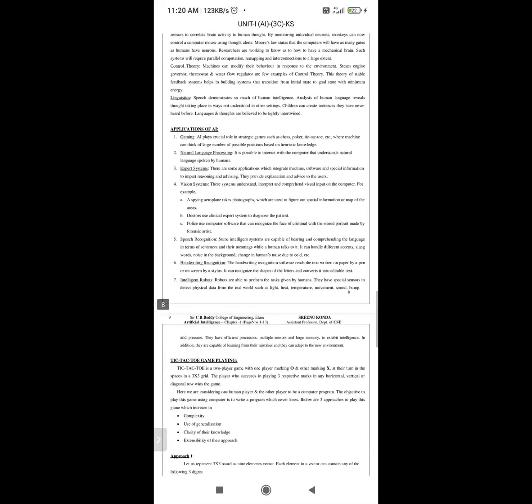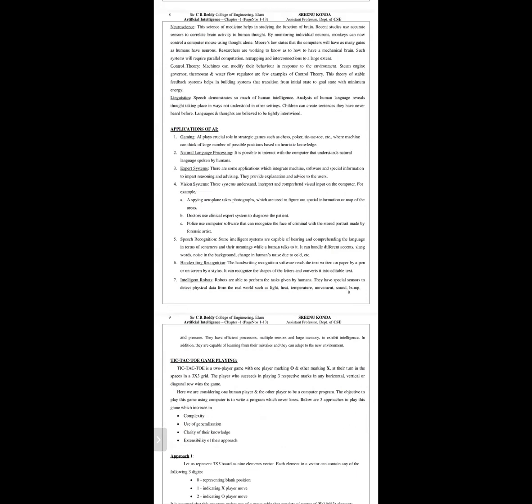And the third one is expert systems. Artificial intelligence includes expert systems also. Here there are some applications which integrate machine software and special information to impart reasoning and advising. It means in order to reason or advise on something, the system should have ample knowledge, or should be an expert in that particular thing.